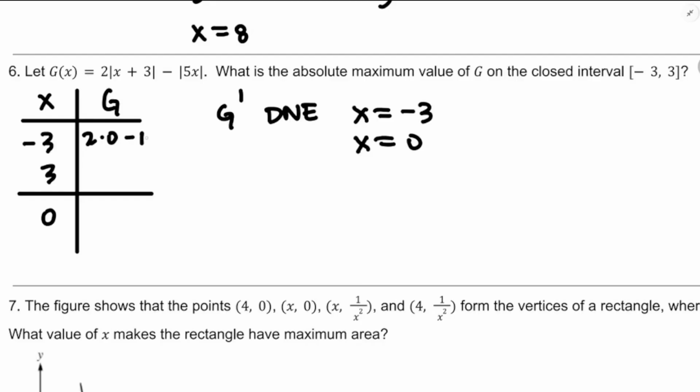If I plug in 3, I'd get 2 times 6 minus 15, and then 2 times 3 minus 5 times 0's absolute value. So this is negative 15. 12 minus 15 is negative 3, and this would be 6. So the absolute maximum value of g is going to be 6.